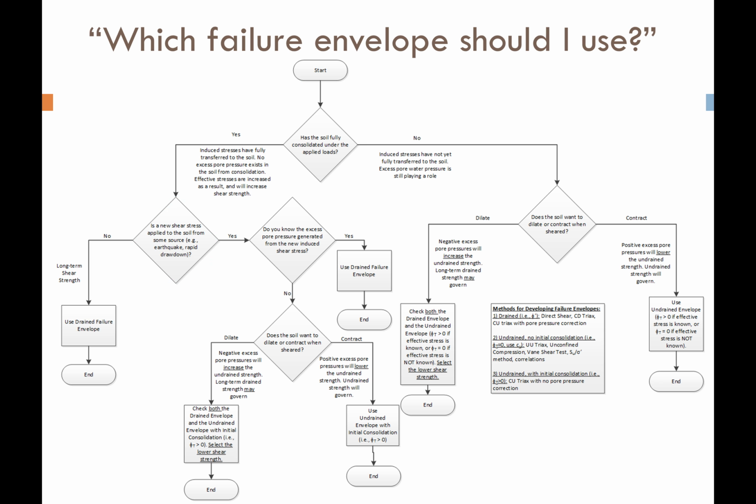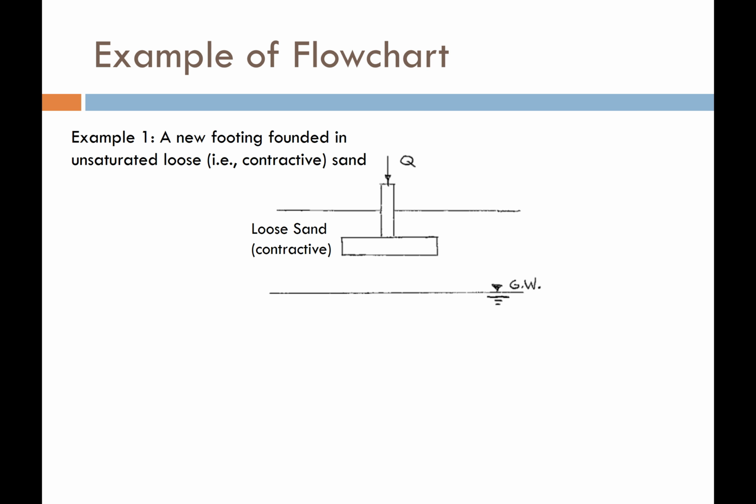And you'll also see a lot of questions like, does the soil dilate or contract when you shear it? You guys can sit and study this and follow all the steps, and that's great. I recommend that you do that. But I also recommend that we look at some examples of how to use this chart, and then I think you'll see why and how it's useful.